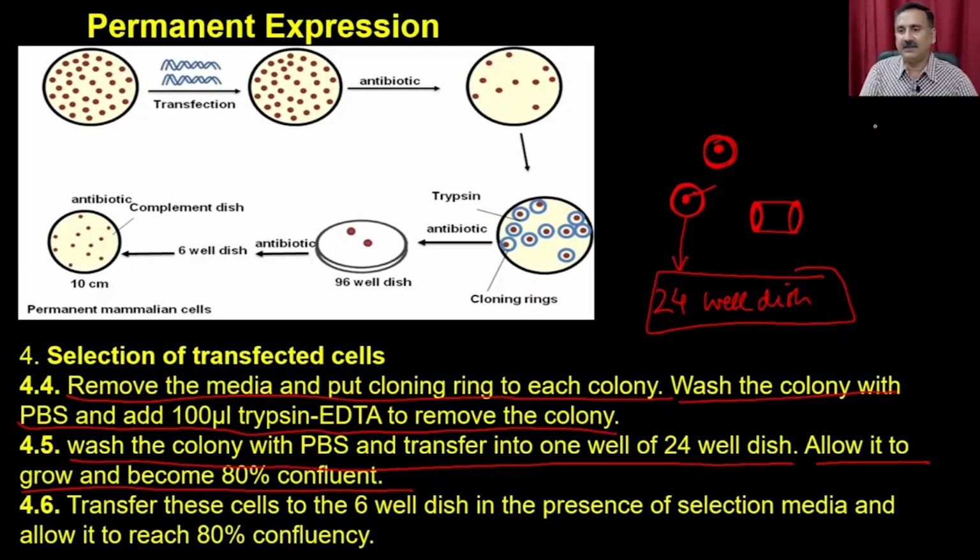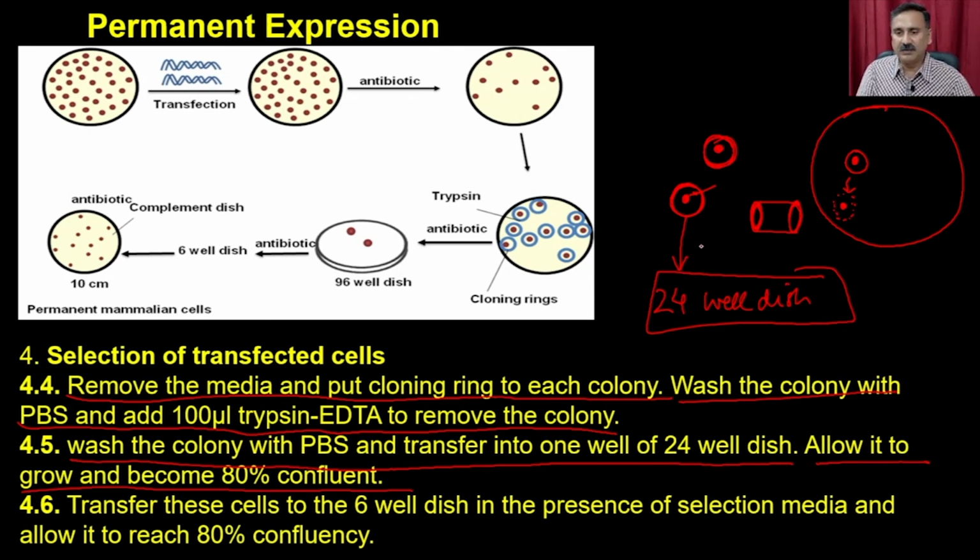If you have a 10 centimeter dish, it is going to be so big that this colony will not get the microenvironment required for it to grow. Every cell is looking for some minor microenvironment, some kind of growth signal from other colonies or cells. So if the plate is very big, this signal is going to be missing.